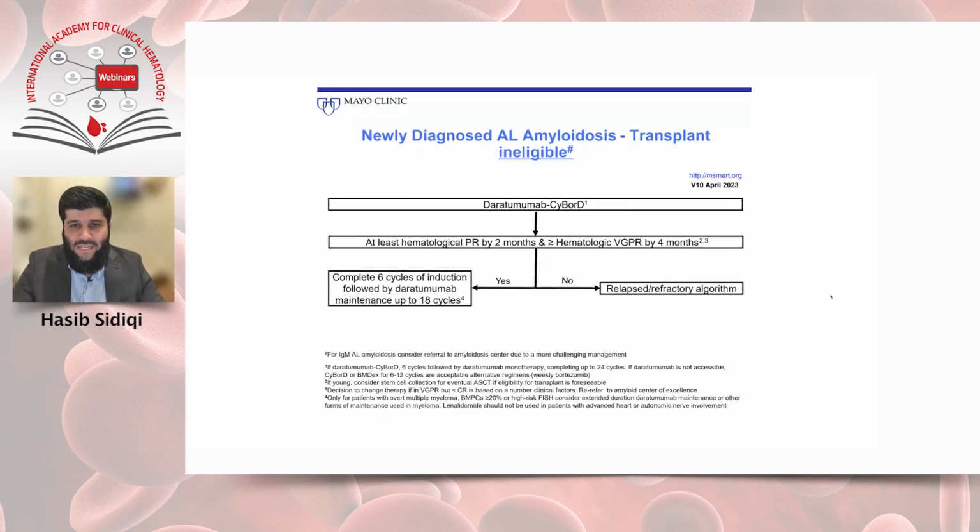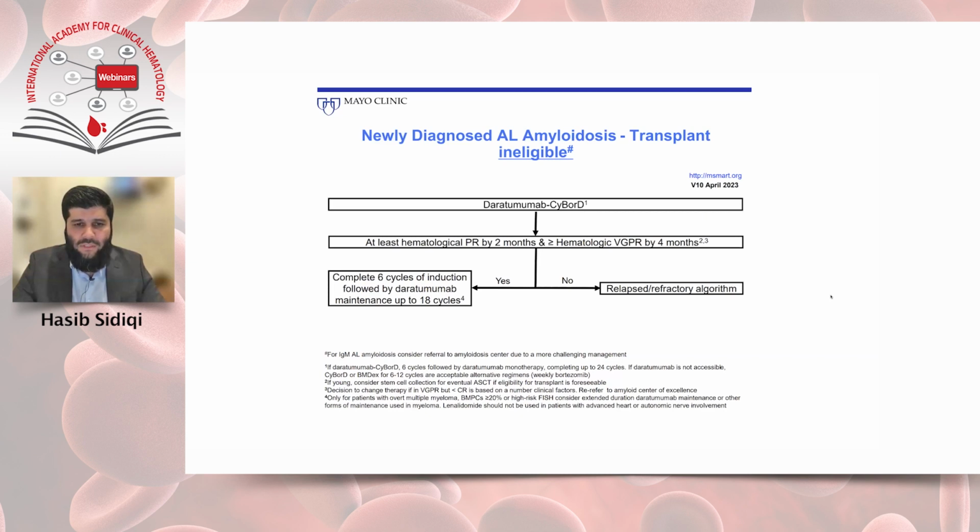In the transplant ineligible population, and in reality, the majority of our patients at presentation, unfortunately, due to the organ dysfunction, are transplant ineligible. Really, standard upfront therapy for this population involves the combination of daratumumab with Cyborg based on the Andromeda study.